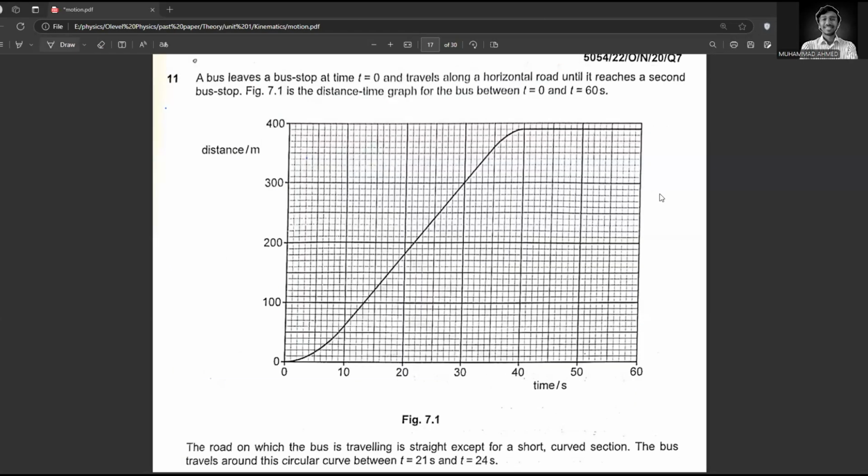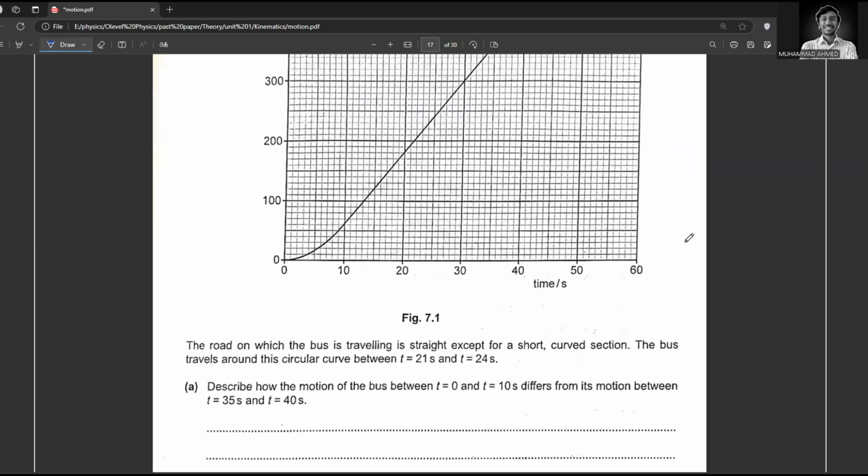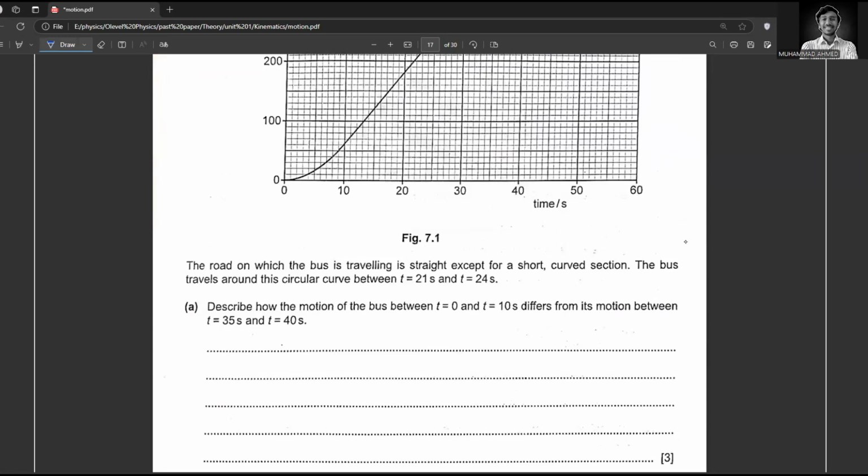Okay, let's look at this question. A bus leaves a bus stop at time t equals 0 and travels along a straight horizontal road until it reaches a second bus stop. Okay. Figure 7.1 is the distance time graph for the bus between time t equals 0 and time t equals 60 seconds. Okay. The road on which the bus is traveling is straight, except for a short curved section.